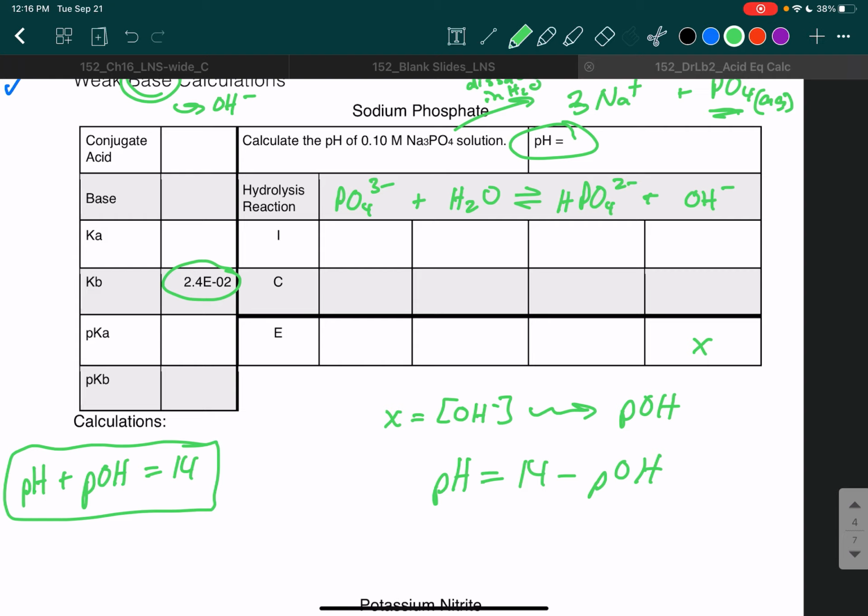But let me go to my blank pages here, and I just made up a problem. I want to calculate the pH of a 0.10 molar solution of something called sodium benzoate.